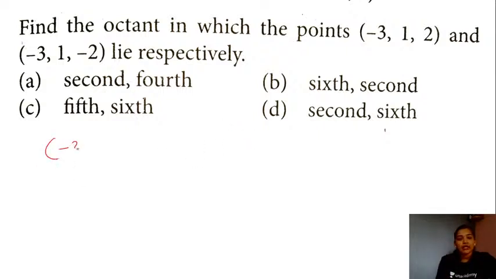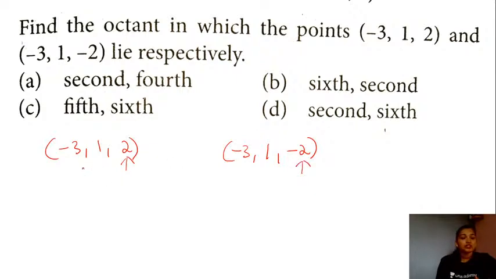You have (-3, 1, 2), and the other point that is given to us in the space is (-3, 1, -2). The first step that you would do here in this case is look at the z-axis coordinate. So here you have +2 and here you have -2.